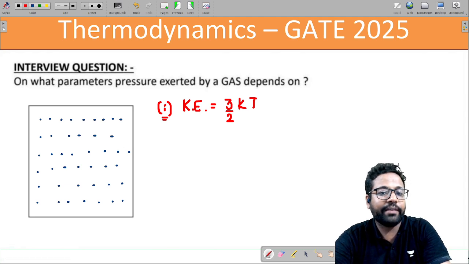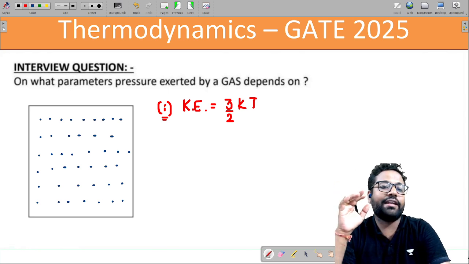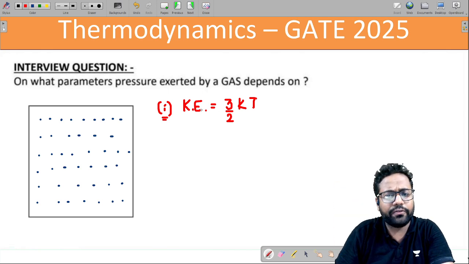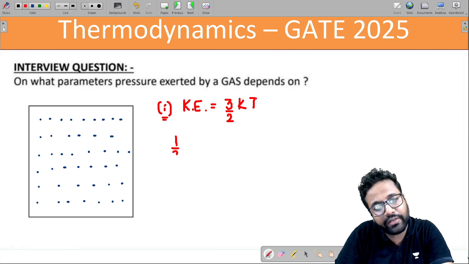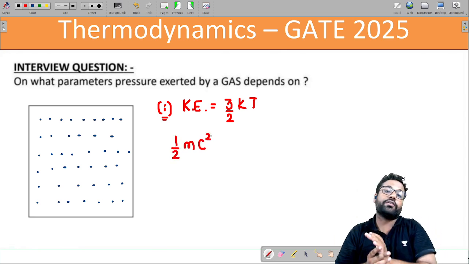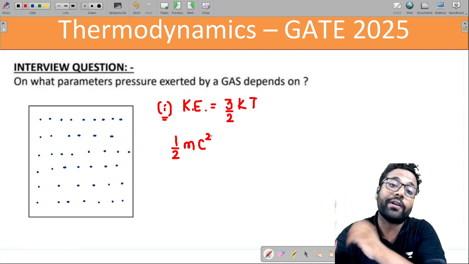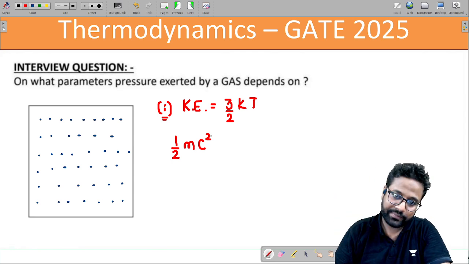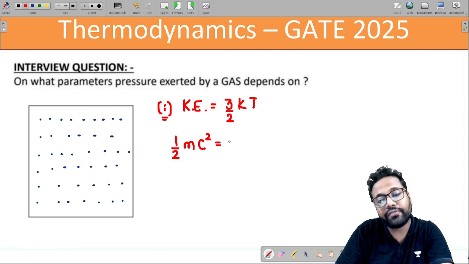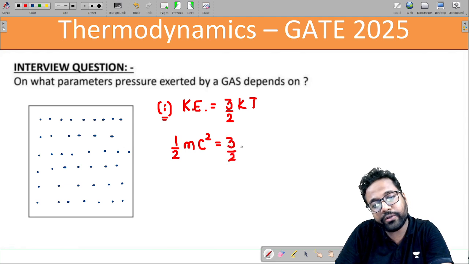Now tell me, what is the formula of kinetic energy in any condition? It is 1/2 mc square. Here we are not using v for velocity; in thermodynamics we use the symbol c for velocity. So 1/2 mc square equals 3/2 kT.